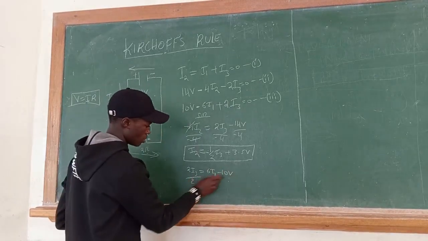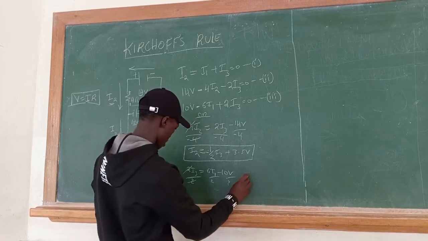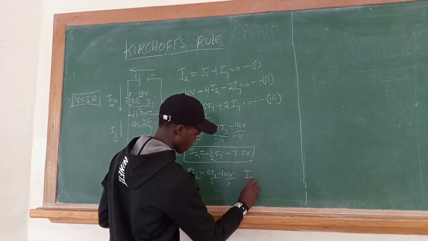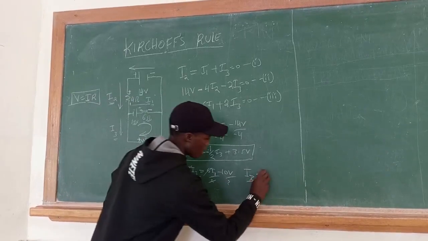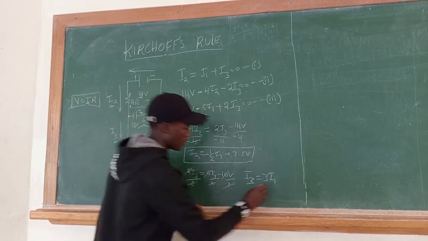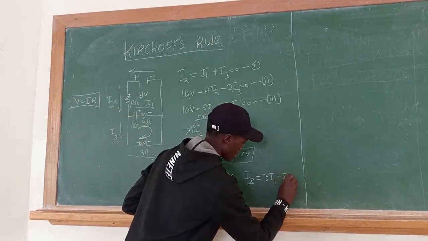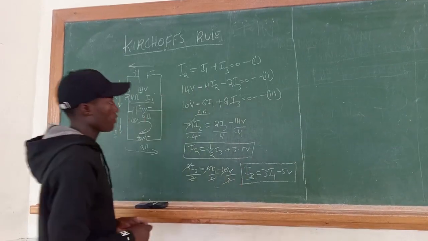So I'm going to divide by 2, by 2. So the equation for I3 equals 3I1 then minus 5 volt. So this is the equation for I3.